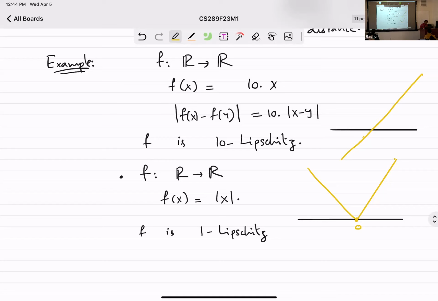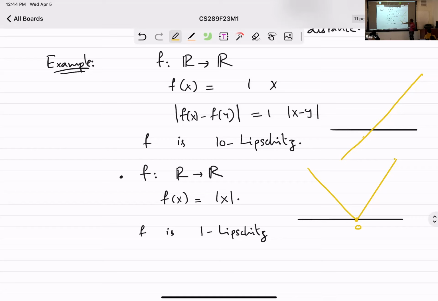Okay, so that's a good point. But let's say I make it 1 times x. Then which one would be nicer? So I want to say that this is nicer because not only is the function not changing much, but the gradient is also not changing, right?